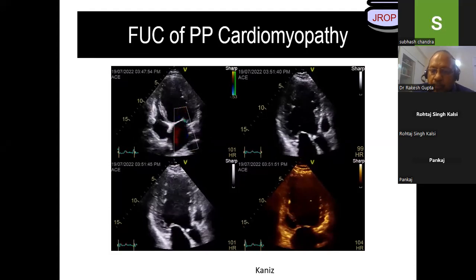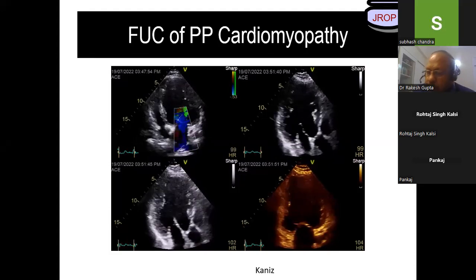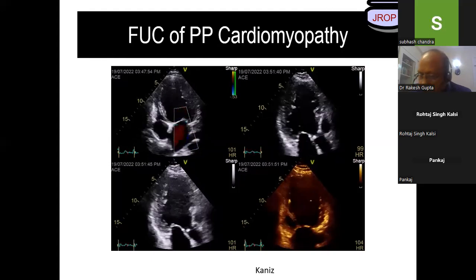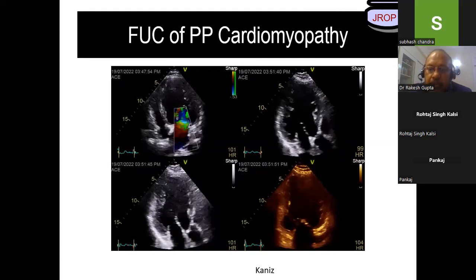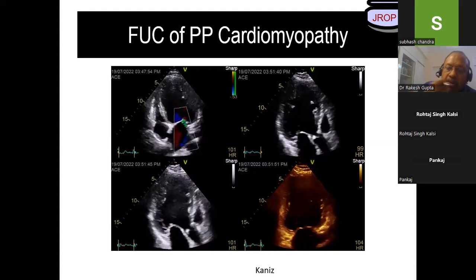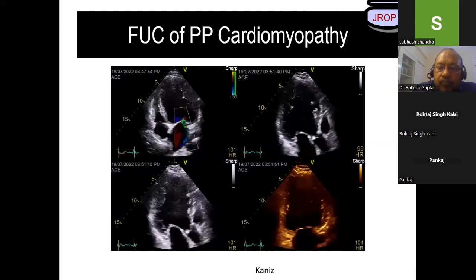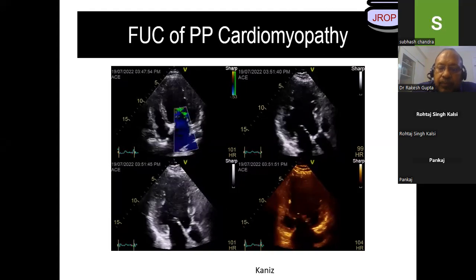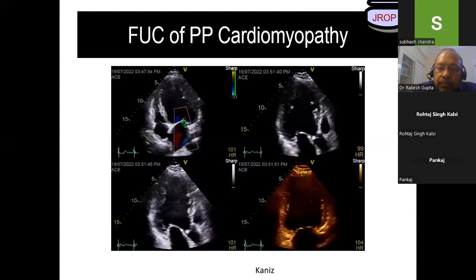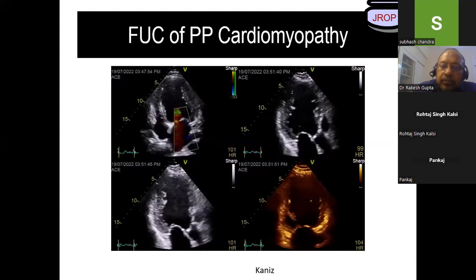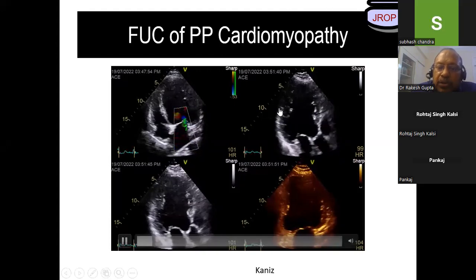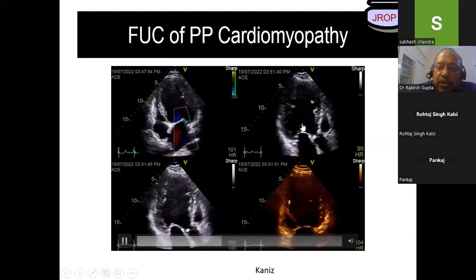Okay. And also the apical area, sir. So apical anterior and mid anterior septum, sir. Would you like to comment on these segments? Anything abnormal you see in this?